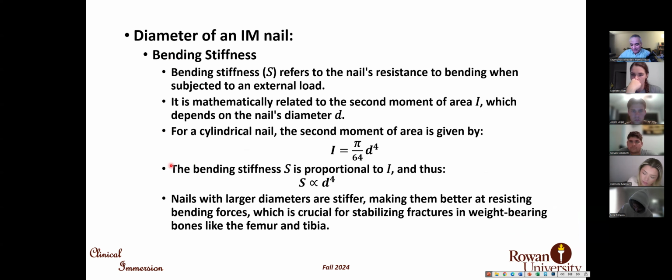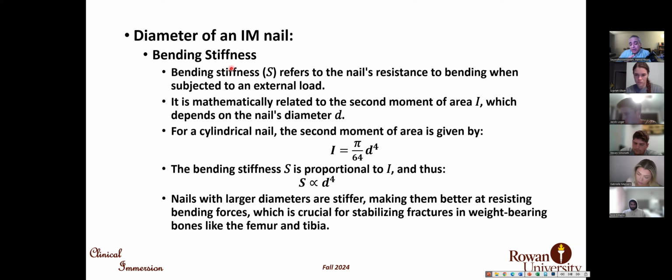Let's discuss some mathematics here. We have different concepts in nails because nails are circular rods, and they behave like a circular rod. So we can discuss bending stiffness, bending strength, torsional strength, and axial strength.